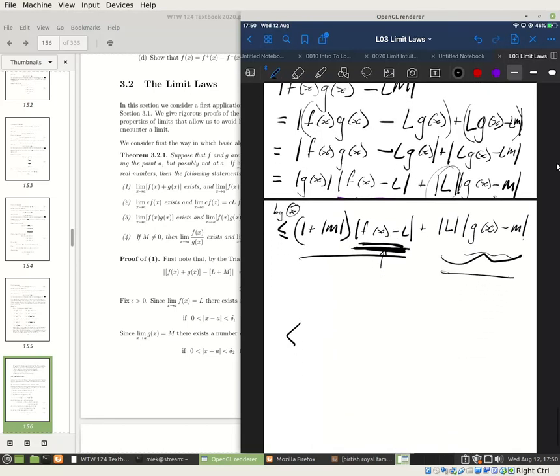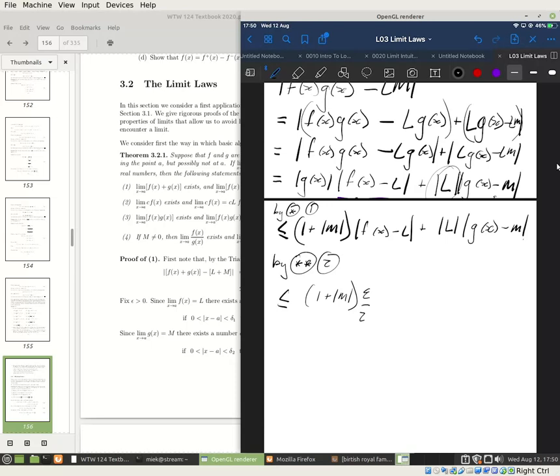So here by star and 1 we get this. And now by double star and 2, this is less than or equal to 1 plus absolute value m, times epsilon over 2, times 1 over 1 plus absolute value of m.